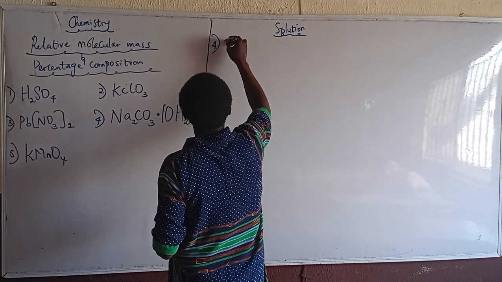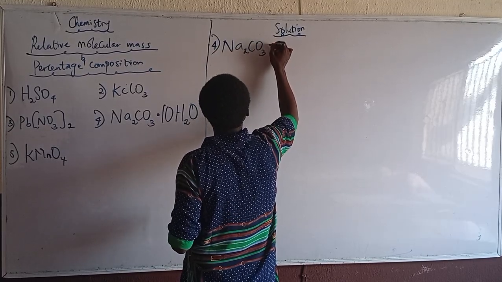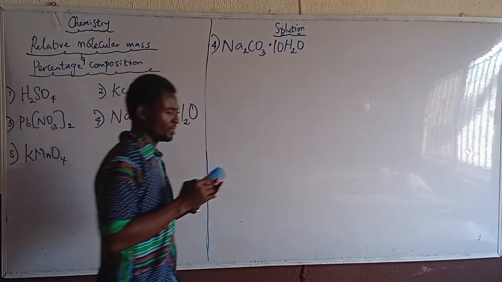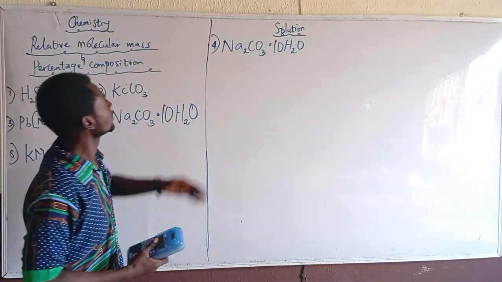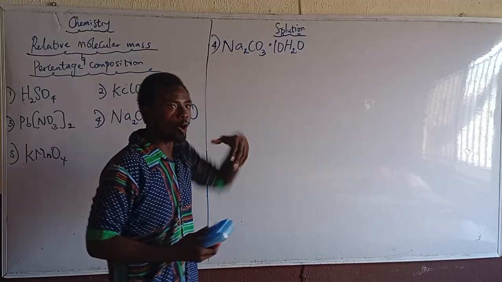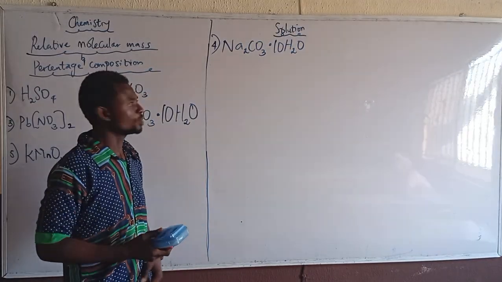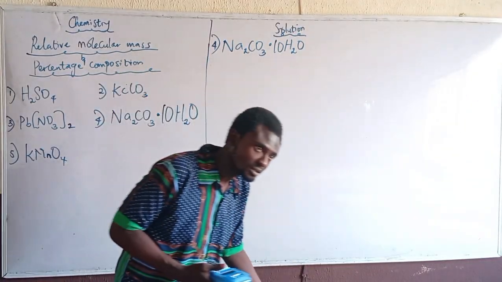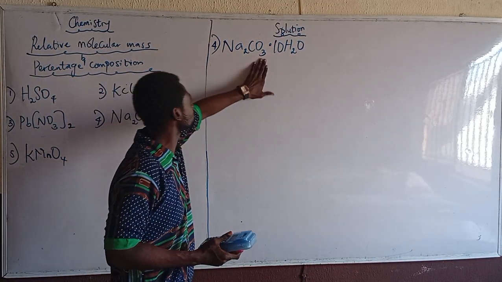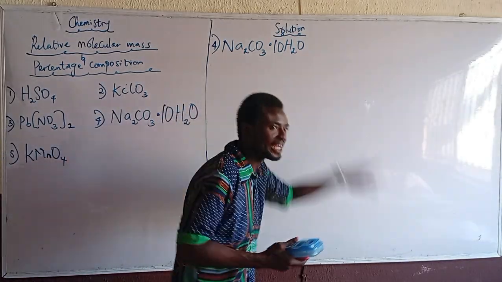Number 4, we have Na2CO3·10H2O. Now this compound is called sodium trioxocarbonate 4 decahydrate. The water is called the hydrate. That's why it's sodium trioxocarbonate 4 decahydrate.